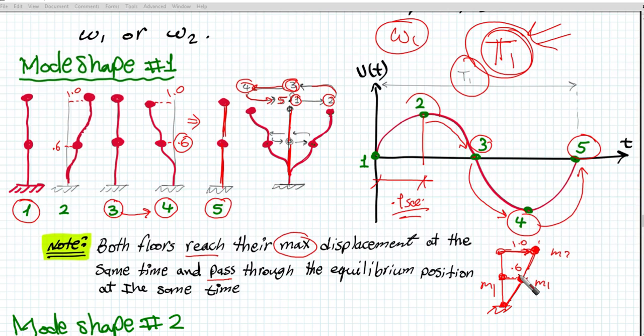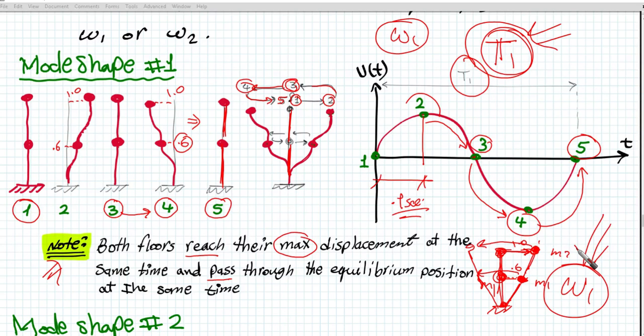And then when they are going back to the maximum amplitude to the left, they are going to pass through the equilibrium position at the same time. Okay, so that's a very important concept, and an important hint here, because they are working under what? The same circular frequency, natural frequency. That's an important issue for the mode shape.